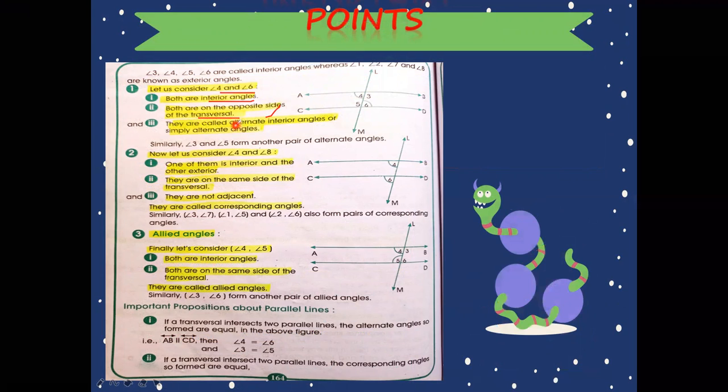So these are the conditions for alternate angles, these are the conditions for corresponding angles, and these are the conditions for allied angles. These are the important points that should be highlighted in your book, and when you are coming on Monday or Wednesday, these points should be highlighted, and you have to memorize these points as well.